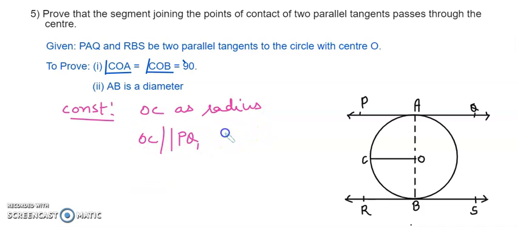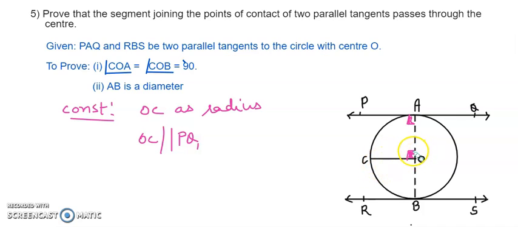Correct? And in this case, OA is the transversal that we are going to consider. Okay, I'm not mentioning it, but we'll be writing it. So now we know that this angle is 90. Right? And I've already taken OC parallel to AB. That means this will also be 90 by co-interior angles, the sum of co-interior angles. Correct?